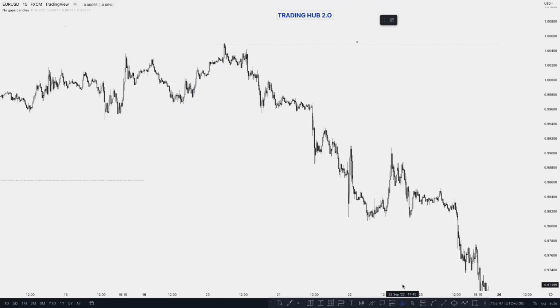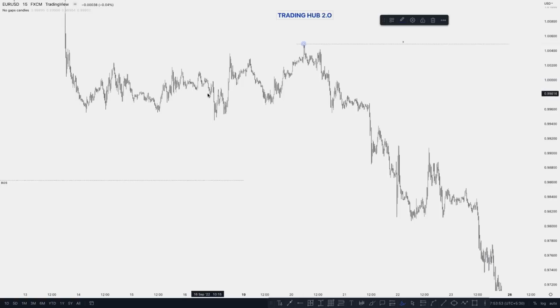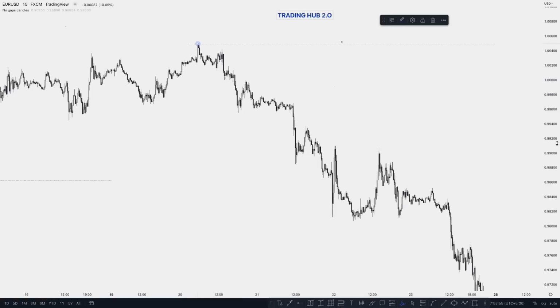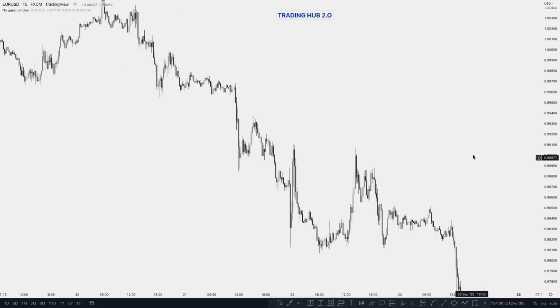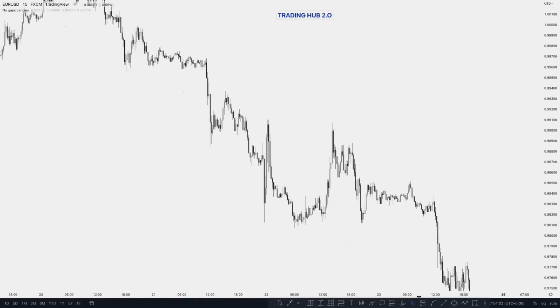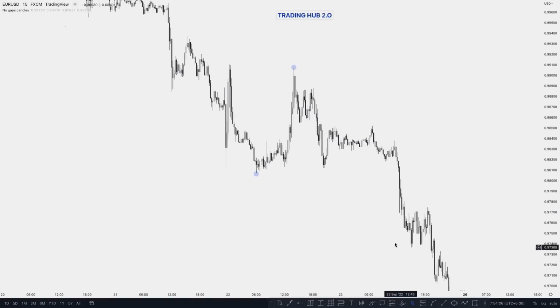If I start marking the structure, which one is here, right? Break the structure and pushing downside, and let me mark this one here. Start from the recent structure, then we can mark exactly what is happening here, right?